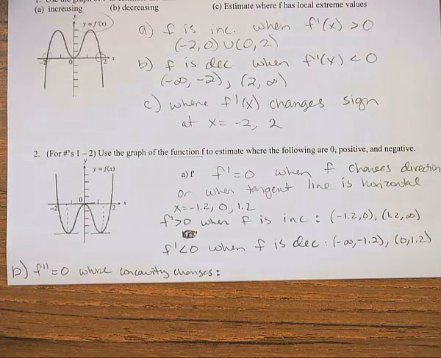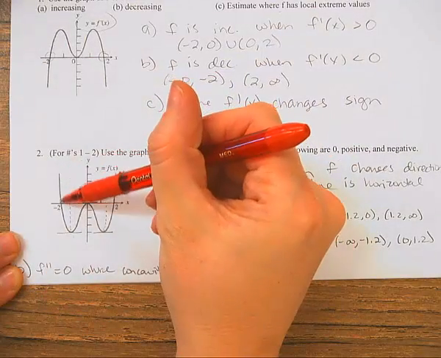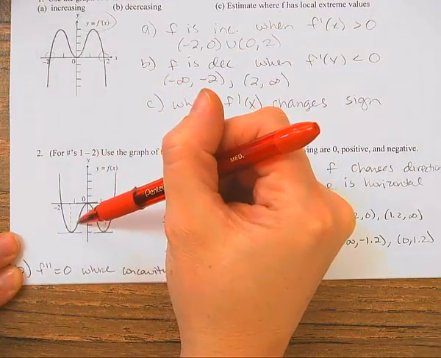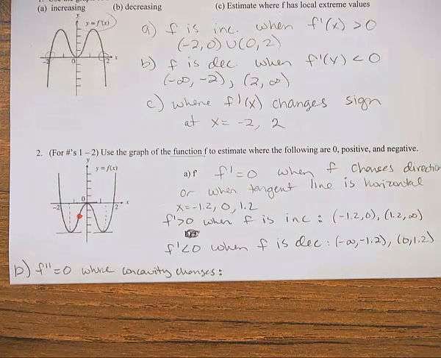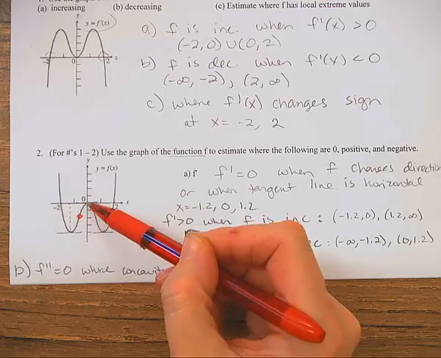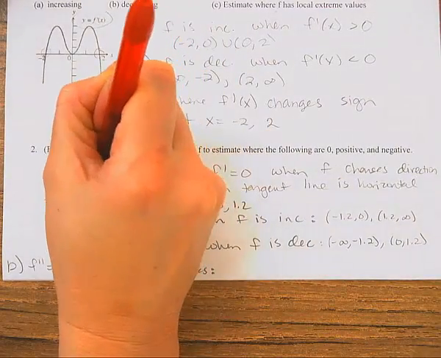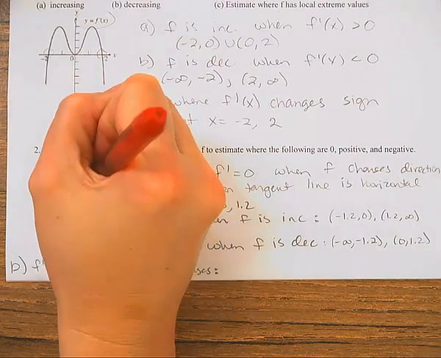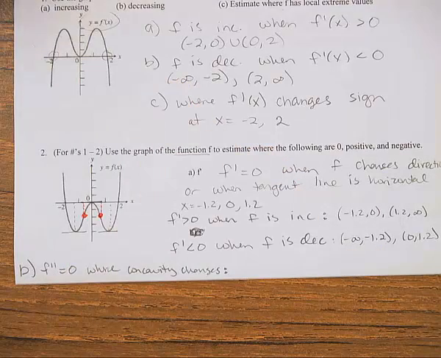So that looks like it's right about here, because the function starts off concave up, and it's concave up until right about here-ish. This is where we're going to estimate a little bit. And then it begins to be concave down until right about there-ish.